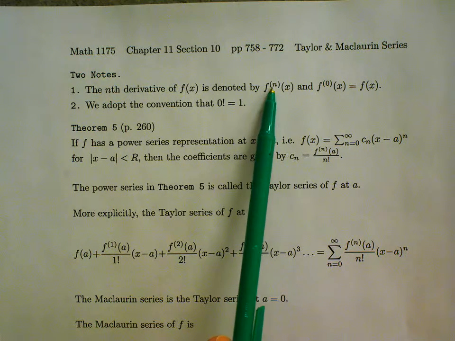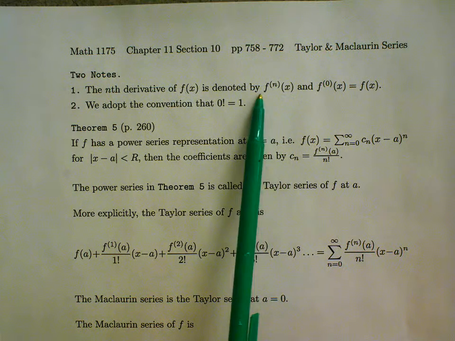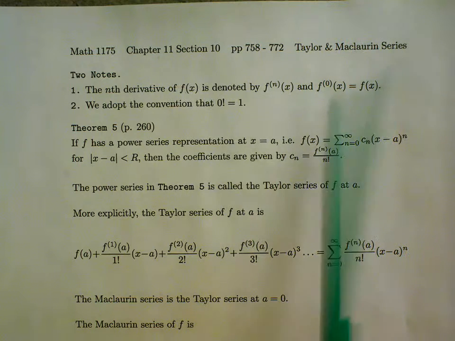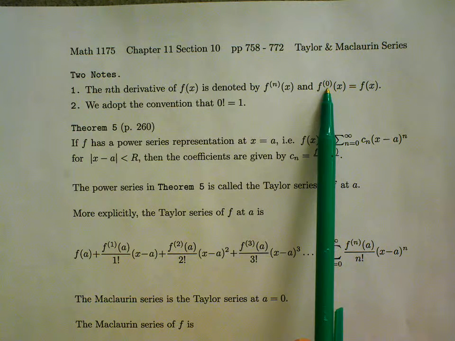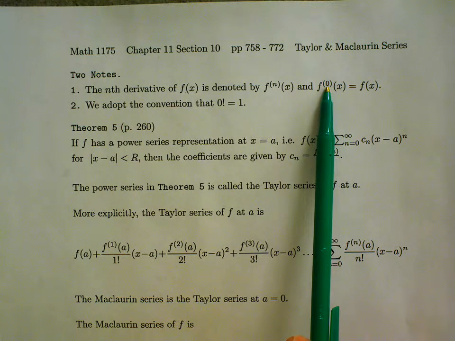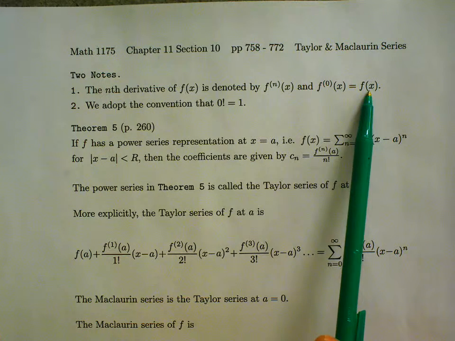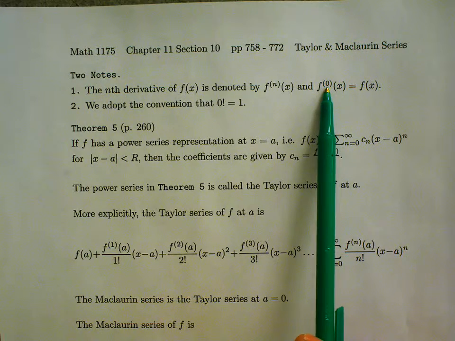So in parentheses, we have n. So this means the nth derivative of f. And so it makes sense that the zeroth, is that a word? The zeroth derivative of f is just the function itself, because we're not actually taking a derivative.